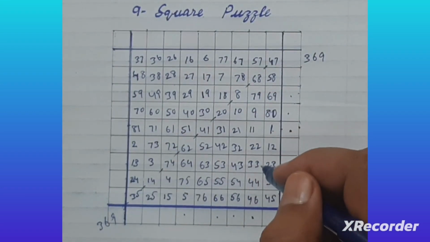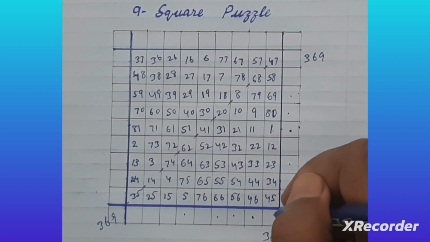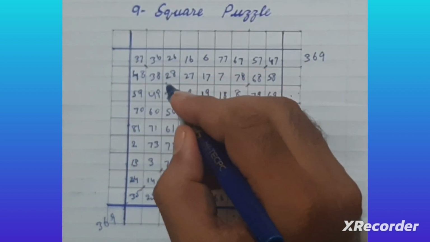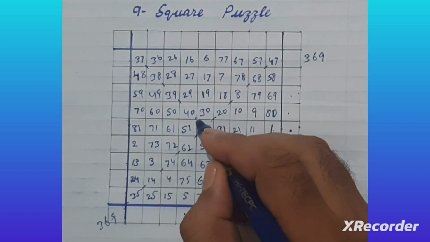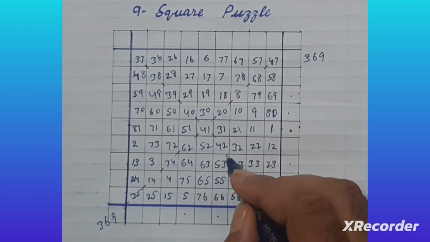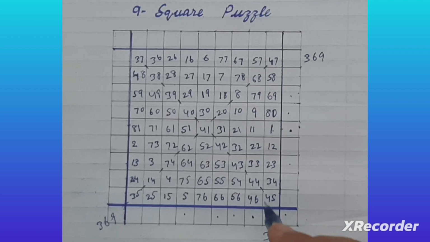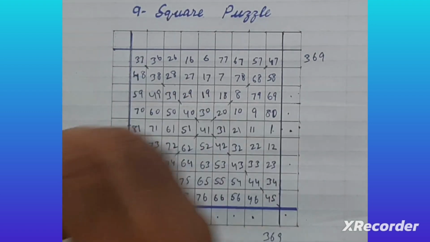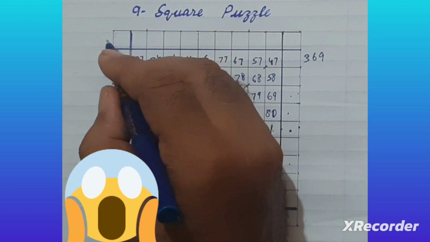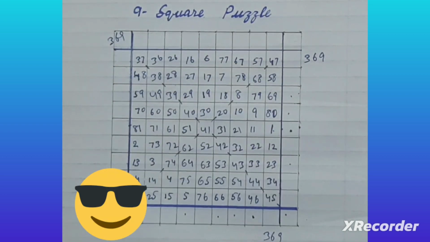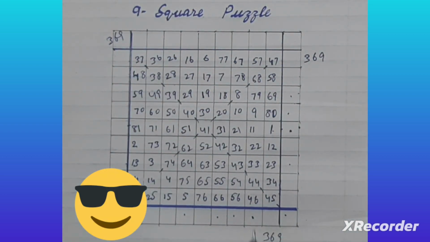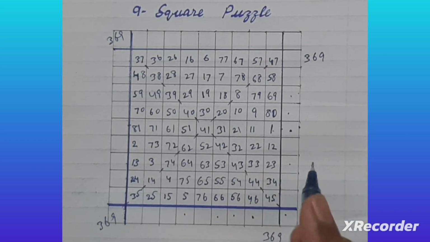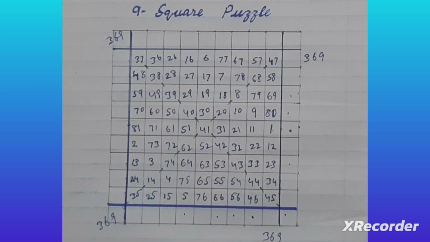Now the second diagonal is this, and we add 37, 38, 39, 40, 41, 42, 43, 44, and 45. We have the same constant result, 369. And this is a magical arrangement of the numbers, and that is called the 9 square puzzle. This is done, and you can do this very easily.